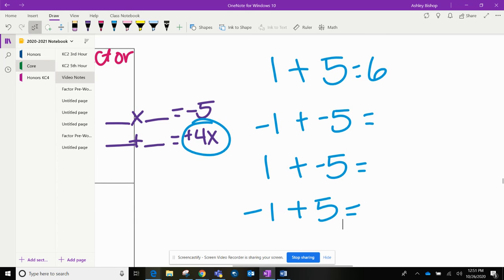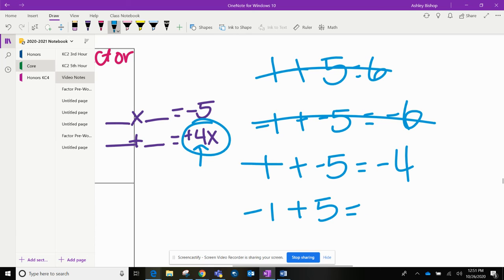Alrighty, and then I need to answer these questions. I need to have my calculator out, and I need to do negative 1 plus negative 5. Well, that's negative 6. Again, my eye's on the prize. I want 4x, so that's not going to help. 1 plus negative 5 is negative 4. Again, you should be checking in your calculator. That's not going to work. I really hope that this one works because it's my last option, but let's check.